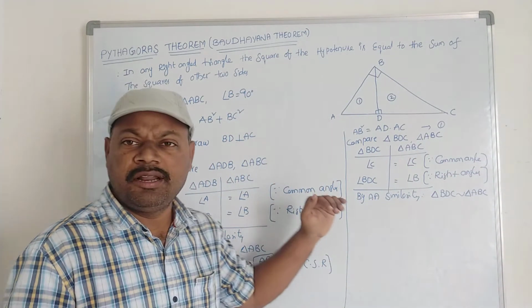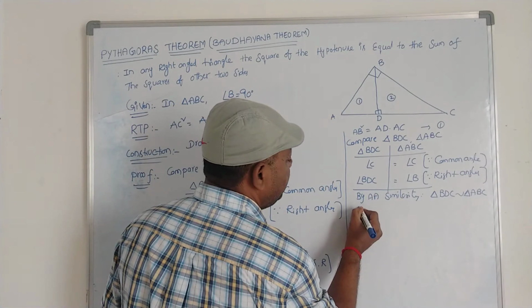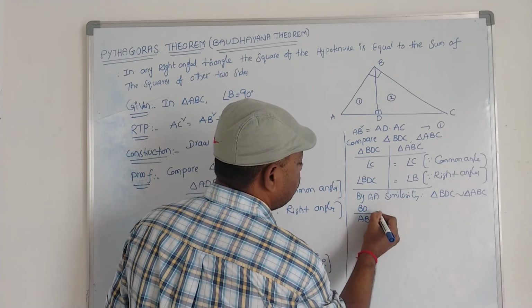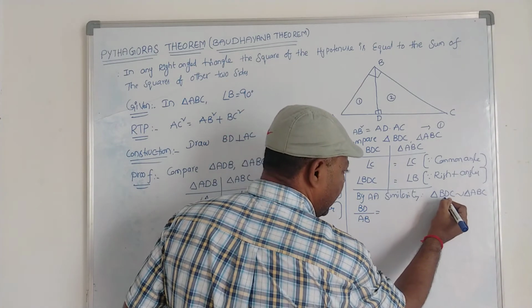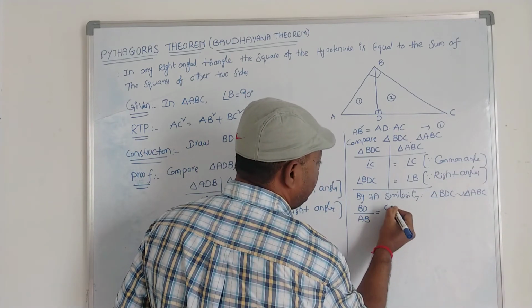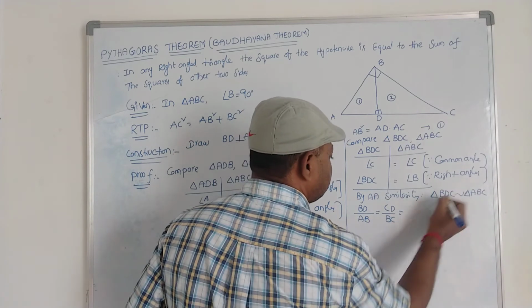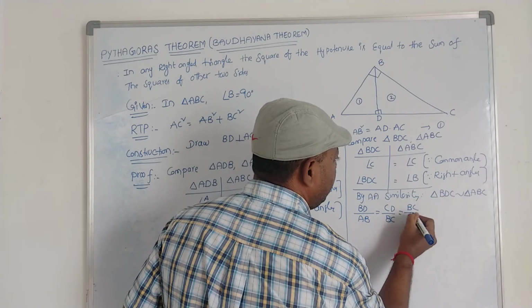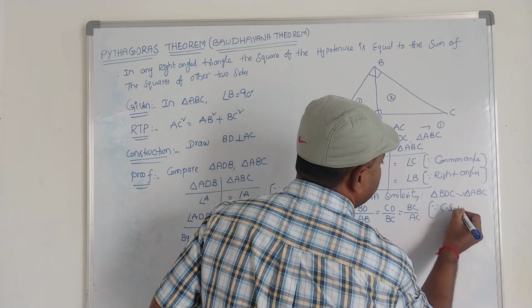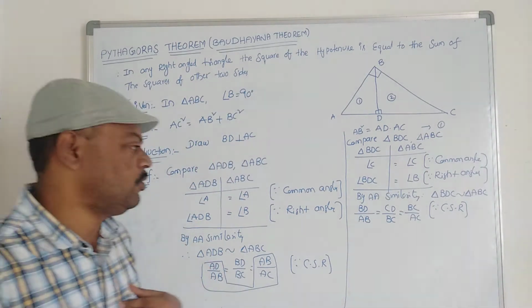Now find the CSR, corresponding sides ratio. BD by AB equals, first two letters by first two letters, then CD by BC, second and third letters, equals BC by AC, first and last letters.